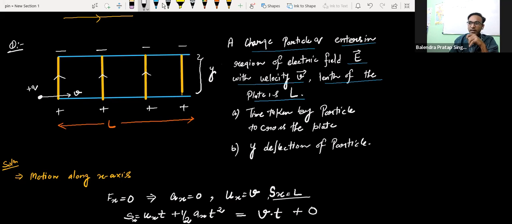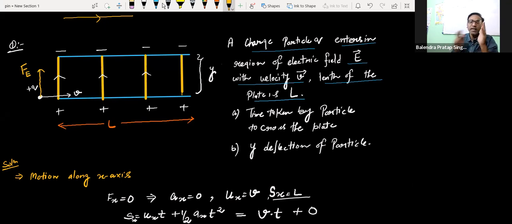When this charged particle enters this external electric field, it will experience a force, as I discussed in my previous class: when a positive charged particle enters an electric field, it experiences a force in the direction of the applied electric field. So in this question, the charged particle is positive, so it will experience a force F_E along the direction of this electric field.